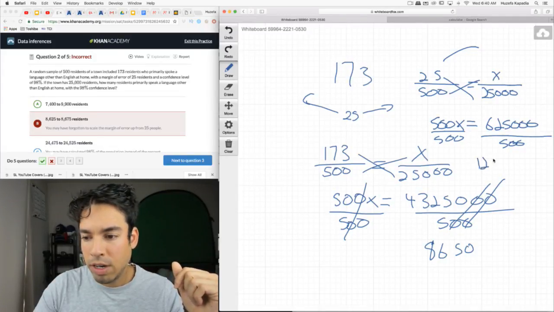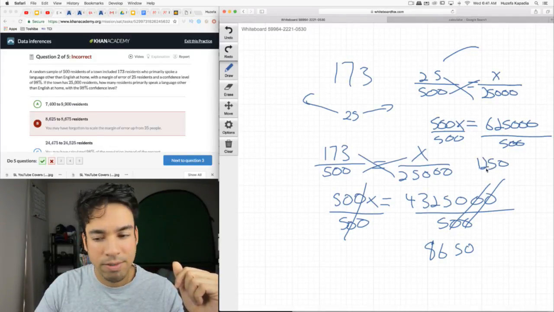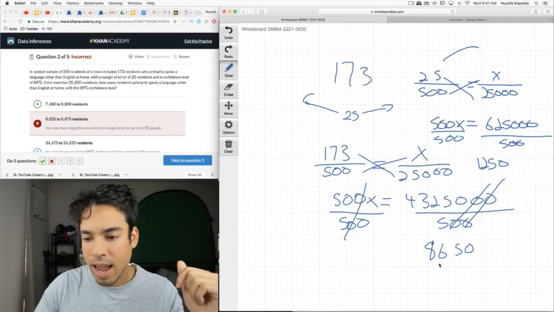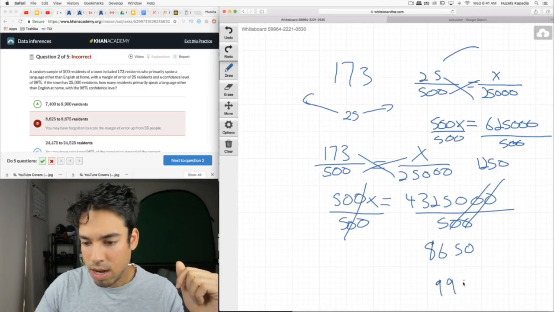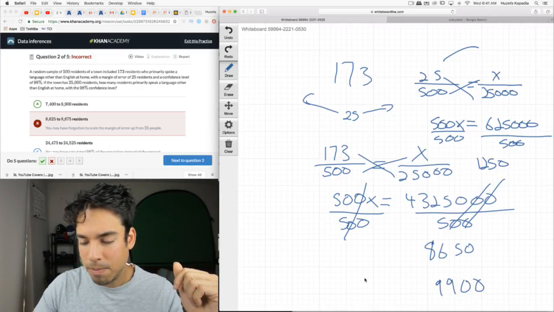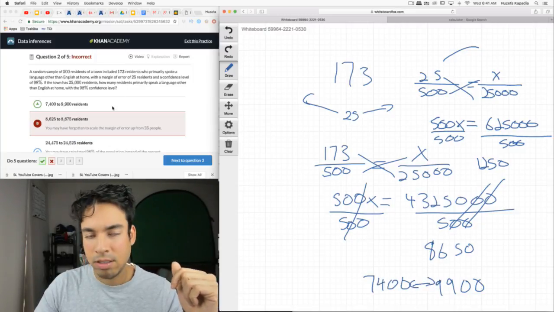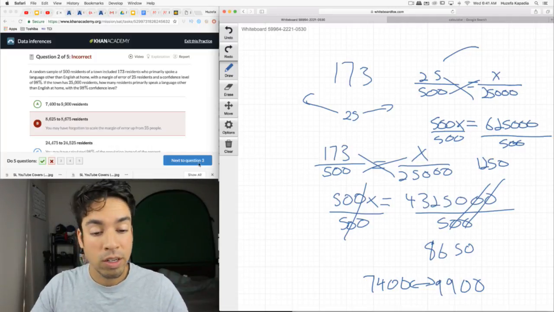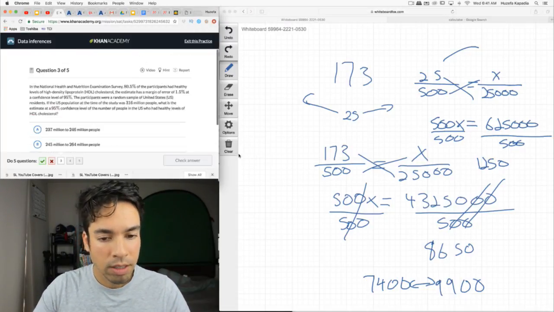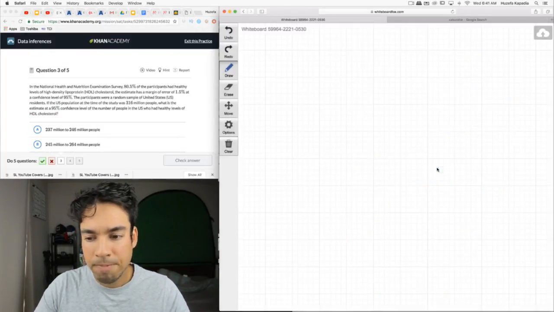So the new margin of error is 1250, not 25, and then we got to add that to this, and we get 9,900, and then when we subtract it, we get 7,400, and that's the new range, which is why A is correct. Okay, these are tricky and new from what I've seen, so that's cool.